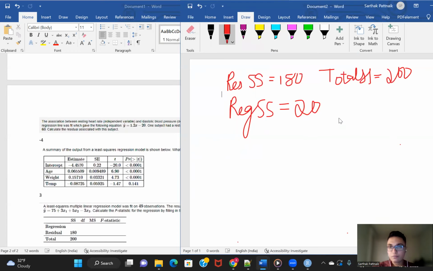To calculate degree of freedom, again, your regression degree of freedom is going to be equal to k, which is equal to 3, since here you have three independent variables, x1, x2, and x3.